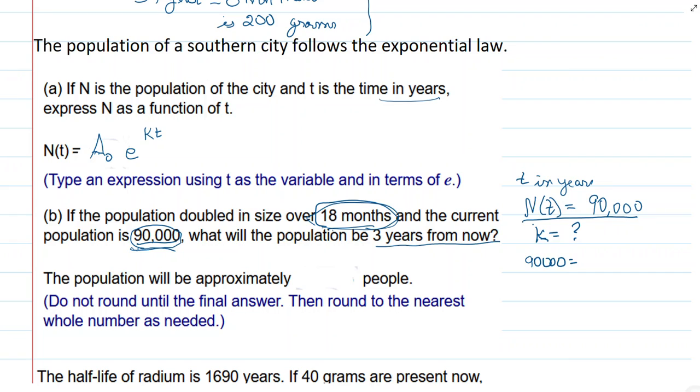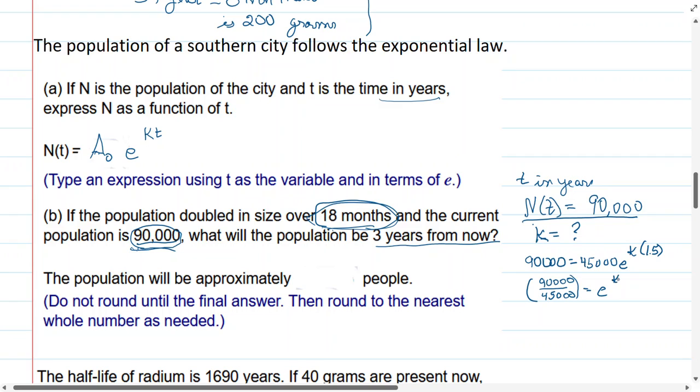So this is 45,000 e to the K times, what is 18 months in terms of years? All right. Is everybody comfortable with that? So I'm going to have the half over here. One and a half K.